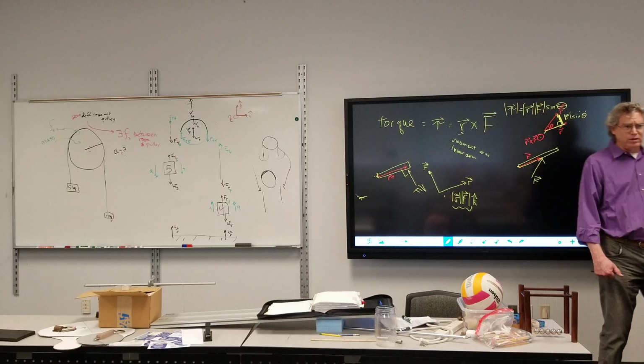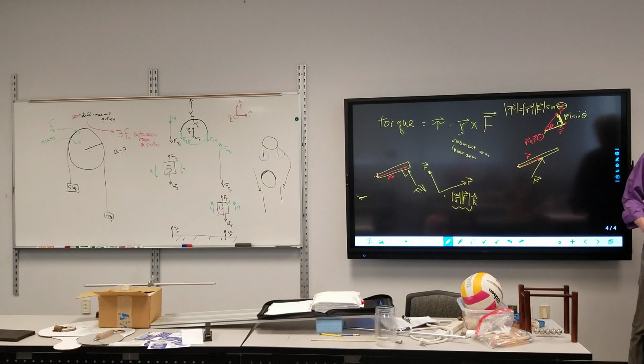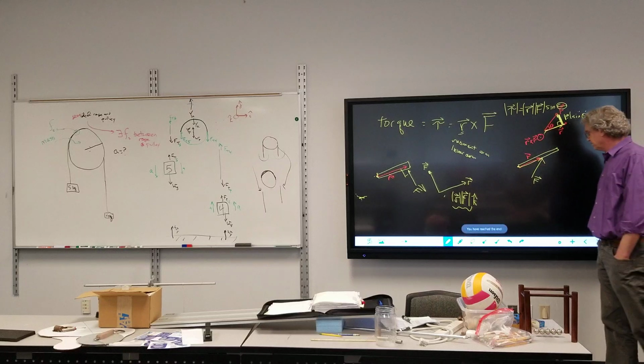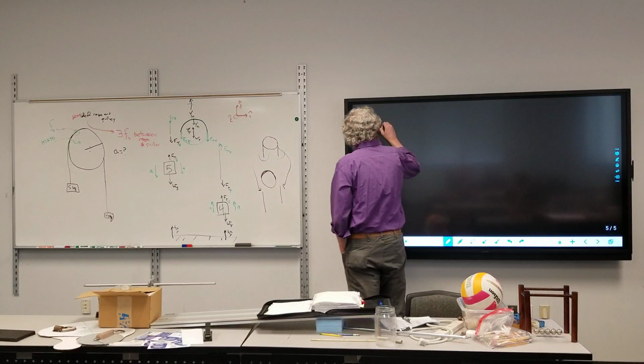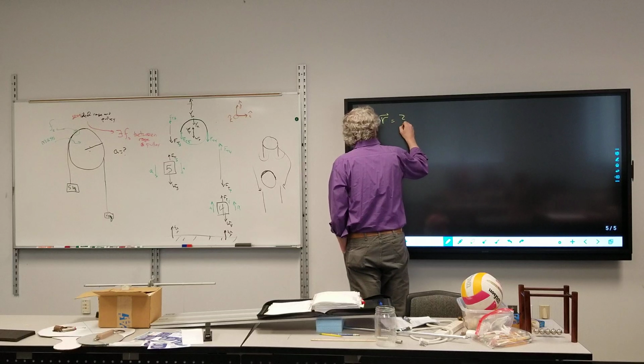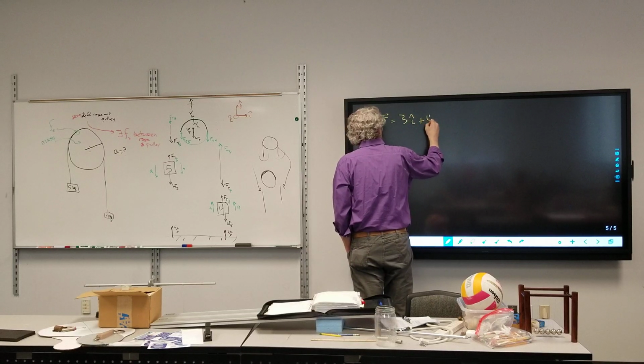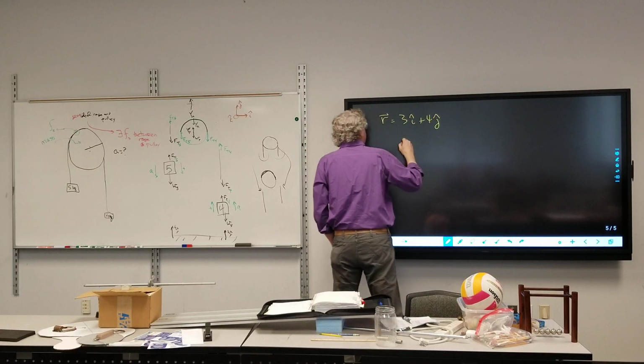Suppose I give it to you in rectangular form. Hold on, there we go. So let's say R is 3 I hat plus 4 J hat meters.